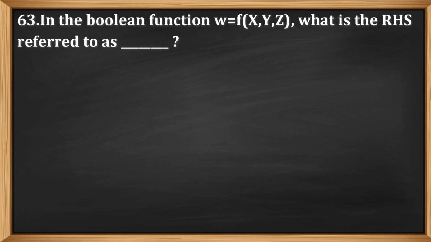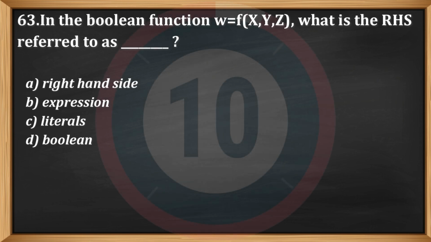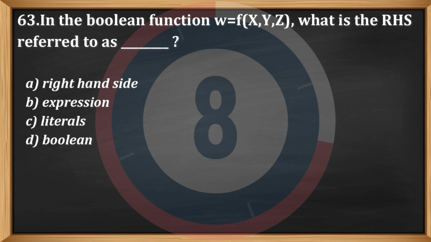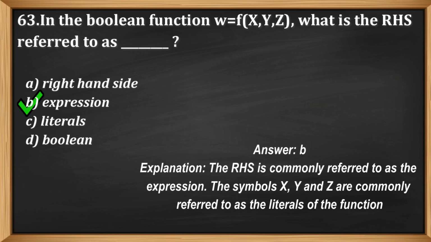Option B, x. In the Boolean function w is equal to function xyz, what is the RHS referred to as?